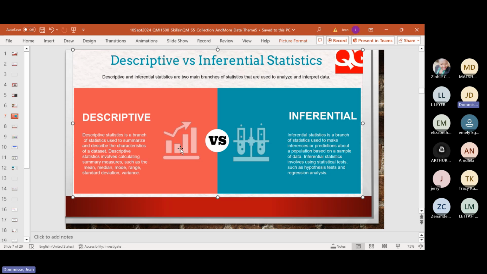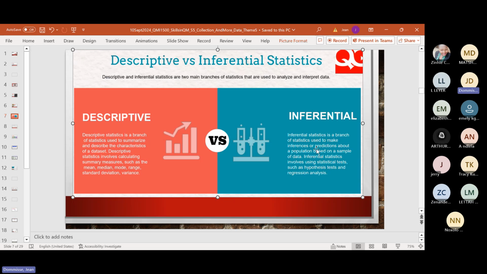One can say descriptive stats is a branch of statistics used to summarize and describe the characteristics of a data set. Then another can say descriptive statistics is a branch of statistics used to make inferences or predictions, and ask you to pick the correct one, or pick the incorrect one.